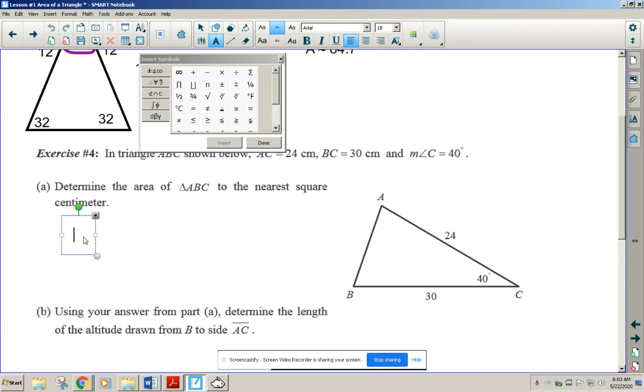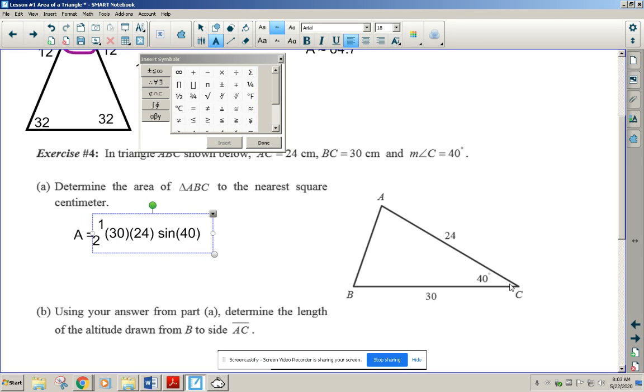So the area is 1/2 multiplied by 30 times 24, either order, it doesn't matter, times the sine of 40 degrees.